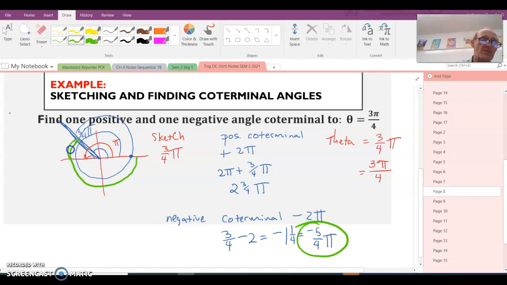So this little space right here, that's 1/4, and this is 1, but it's negative, remember. Because we're starting here, we're going down, which is negative. All right, so another coterminal angle to 3/4 pi is negative 5/4 pi. So we have negative coterminal and positive coterminal.